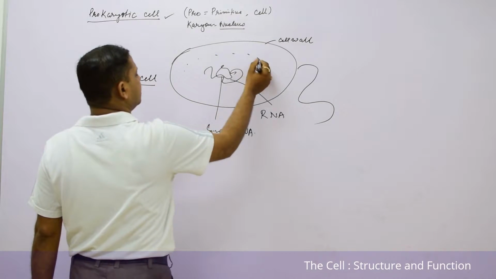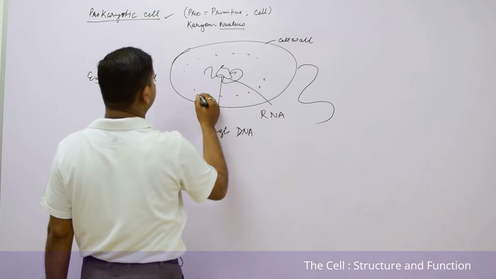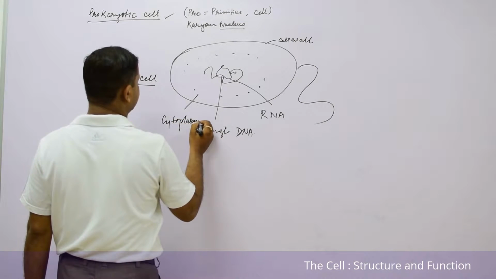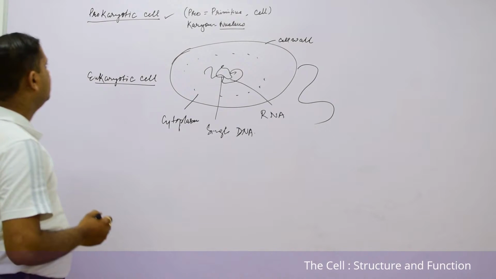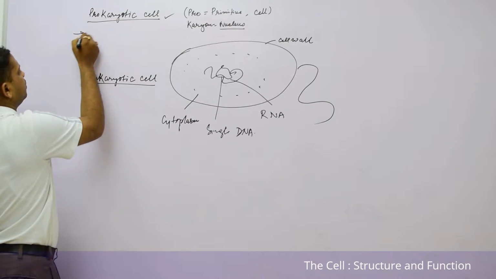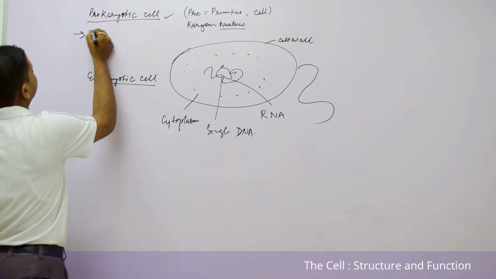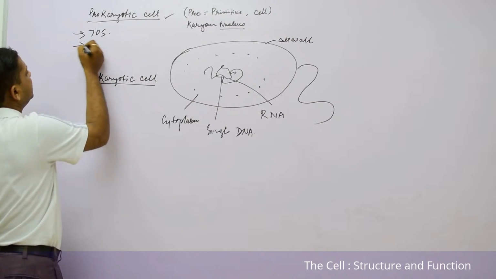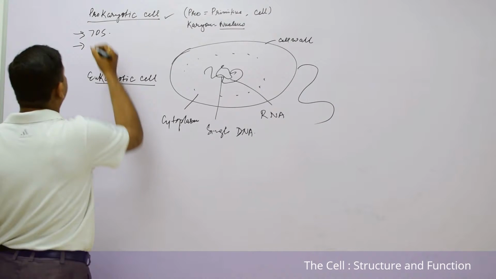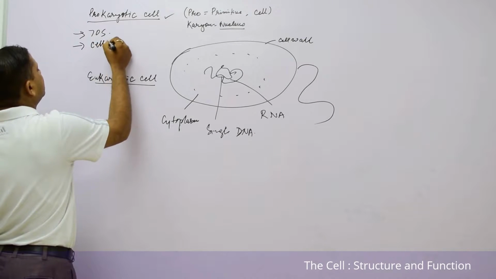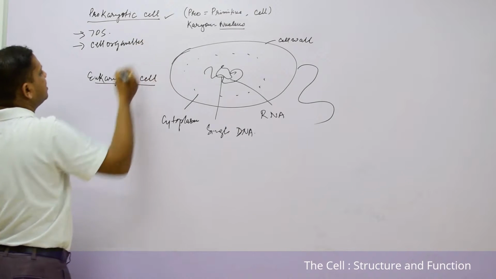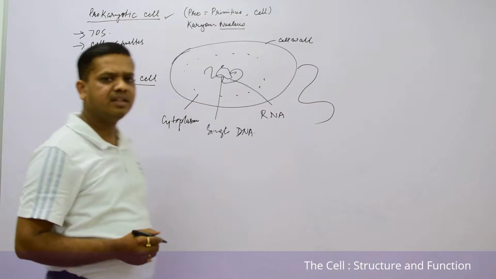Here the gel-like structure which is filled is known as cytoplasm. In the case of the primitive or prokaryotic cell, 70S type of ribosomes are found. The second important feature is that in this cell, the cell organelles are undeveloped and are not found.